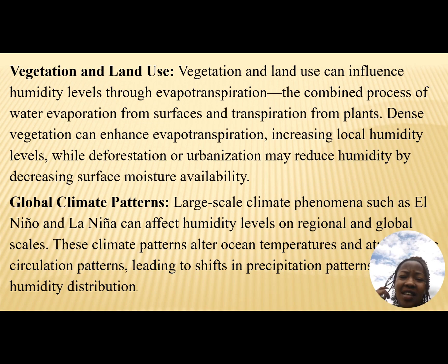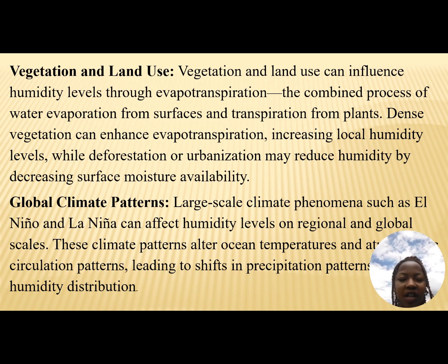The next factors that influence the amount of humidity. First is vegetation and land use. Vegetation and land use can influence humidity level, through evapotranspiration, the combined process of water evaporation from surface and transpiration from plants.